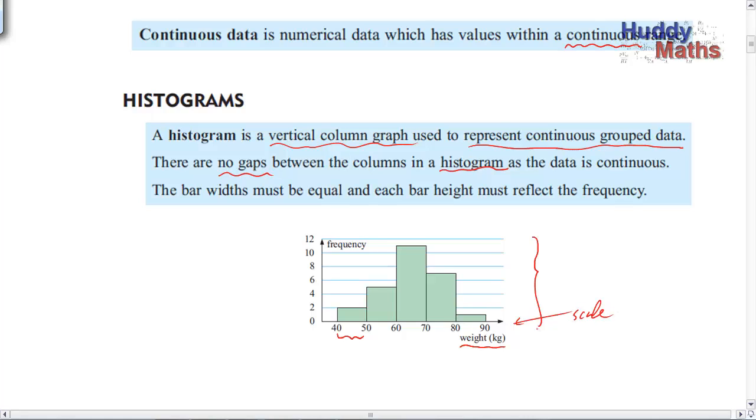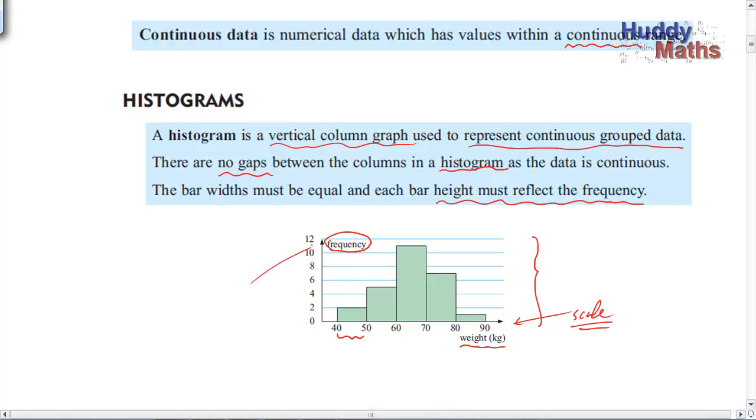We don't just use different widths for the same interval, so we put equal intervals and have a proper mathematical scale here. And the height must reflect the frequency. So this is the number of times we got scores in that group, how many scores are in that group.